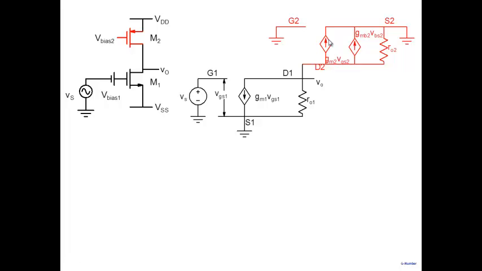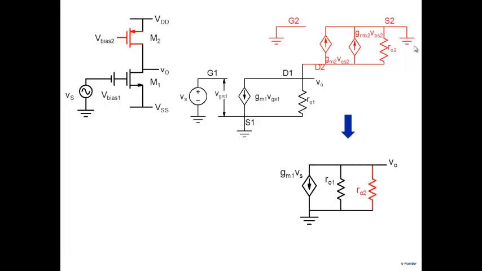If you look at this particular one also, you note that the gate is ground and you know that the source is also a small signal ground here. So VGS2 is also 0. So both these current sources basically drop out. They're open circuit, 0 current, and you are left with only R02.